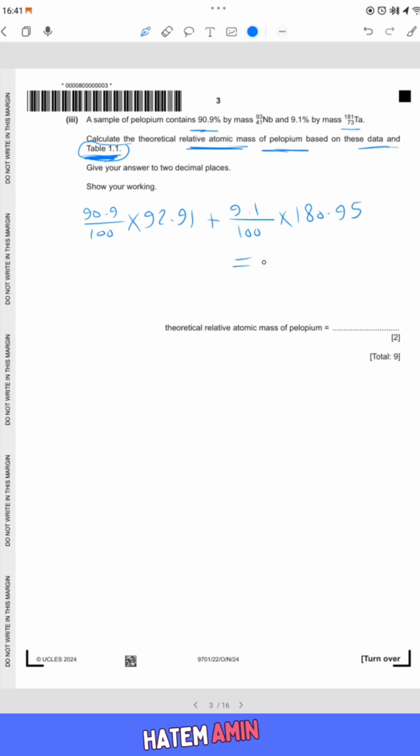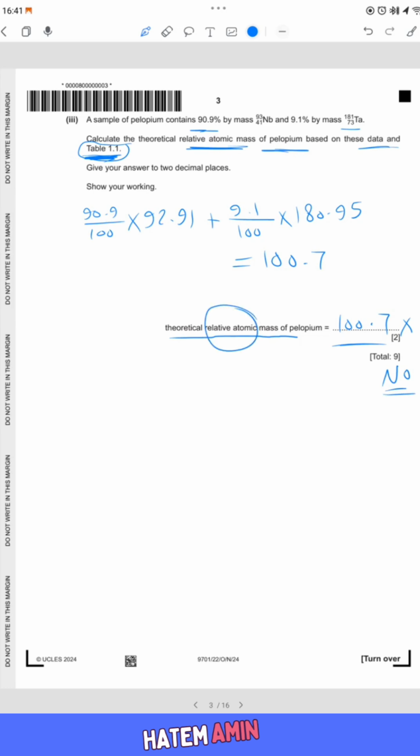At the end we'll find 100.7. So the real answer here is 100.7. This is the theoretical relative atomic mass of palladium. Do we have a unit here? No, we don't have a unit. Why? Because this is a relative atomic mass.